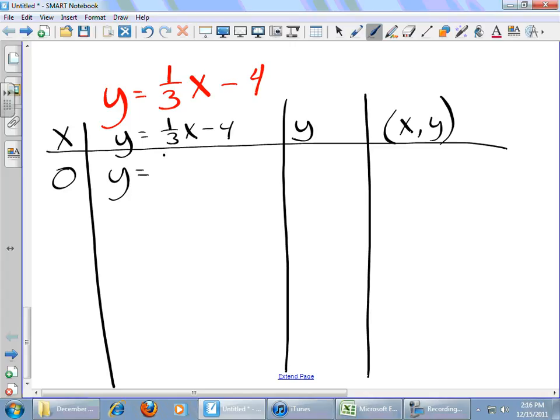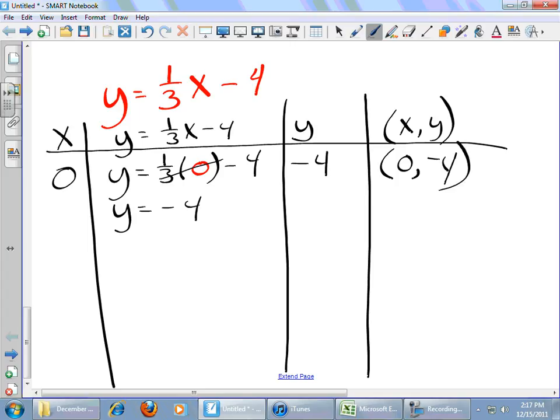Y is going to equal 1/3. I need some parentheses because I'm substituting in. Put 0 in there, and then I will subtract 4. Simplify my math. I'm going to get y equals, those turn to 0, negative 4. So 0, negative 4 must be on my graph.